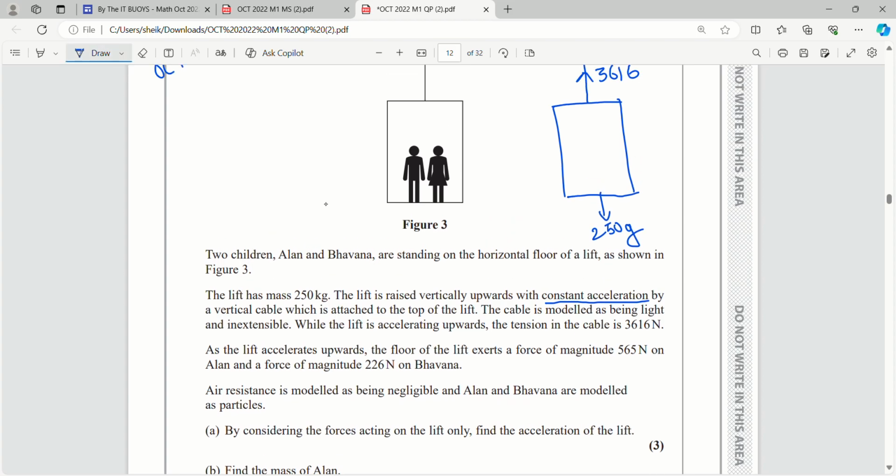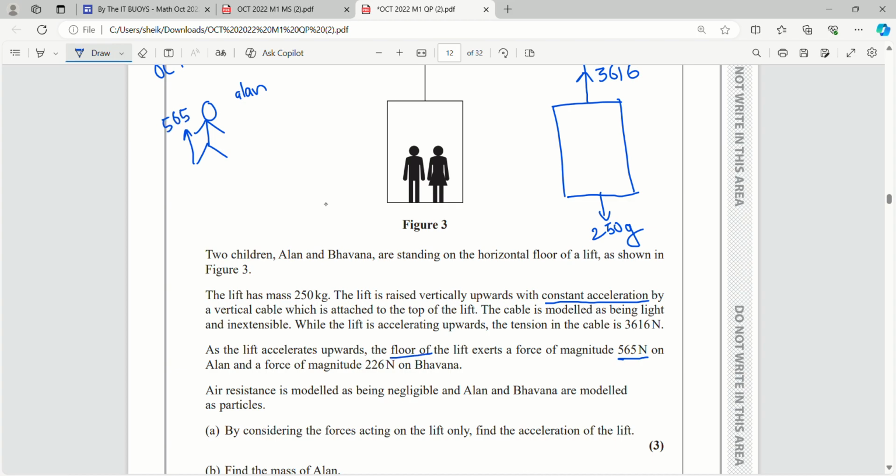Alright, if I were to draw Alan, let's say this is Alan. So he has what? He has 565 newtons from the lift, so that's 565 newtons. Why am I drawing this upwards?